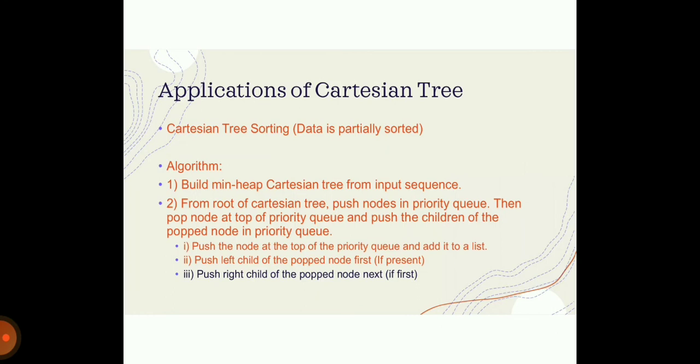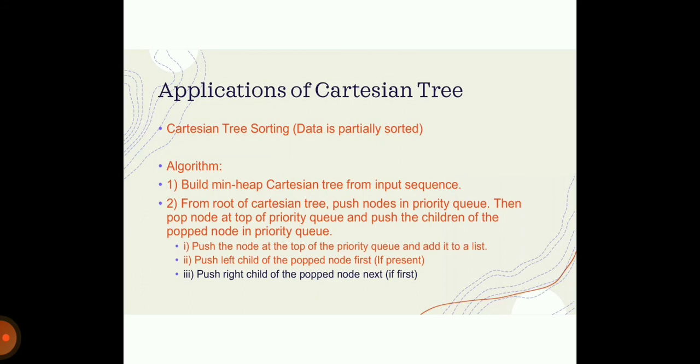Algorithm for the sorting technique. First we will build a min-heap Cartesian tree from the input sequence, and in the second step, from the root of that Cartesian tree, push the node into the priority queue. Then pop the node at the top of the priority queue and push the children of the popped node into the priority queue. There are conditions for that.